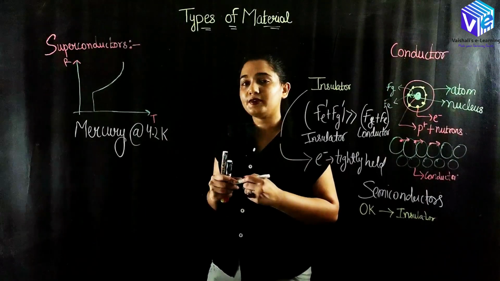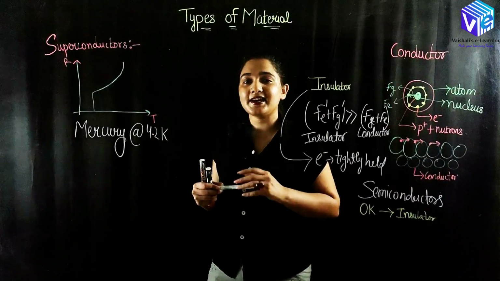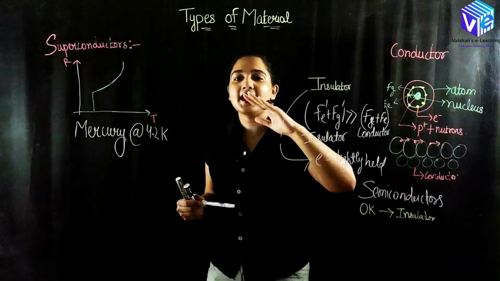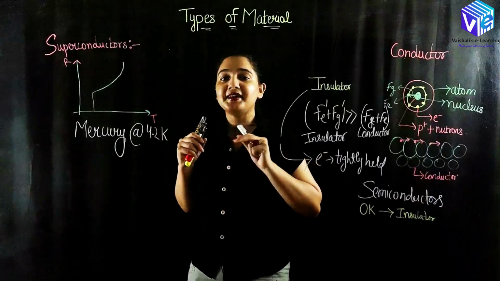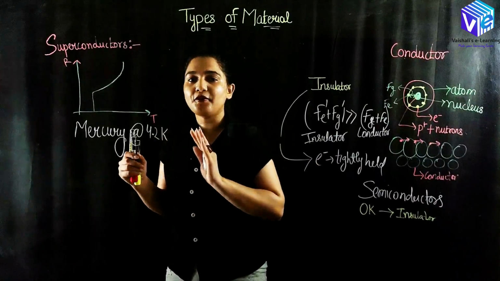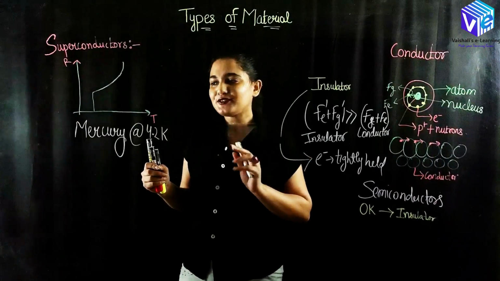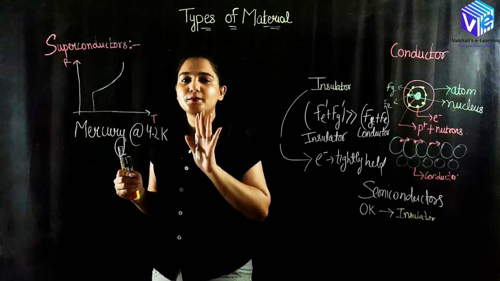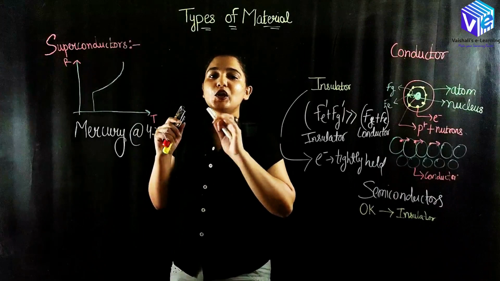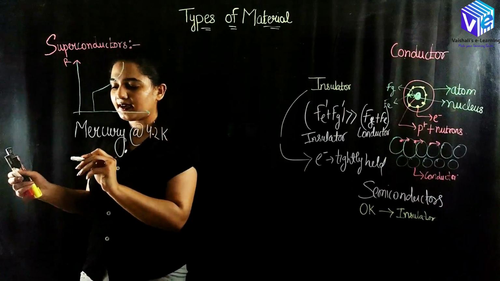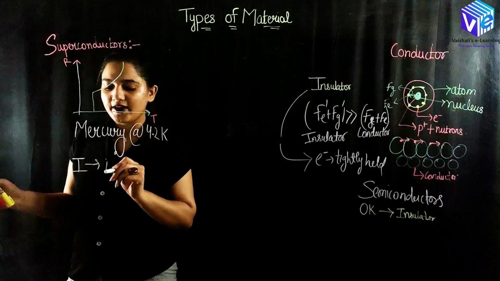But let me tell you, we have superconductors developed now at very high temperatures as well, and now we are researching superconductors at room temperature. I hope you understood the superconductors. Here the losses are 0 and the current will remain forever.